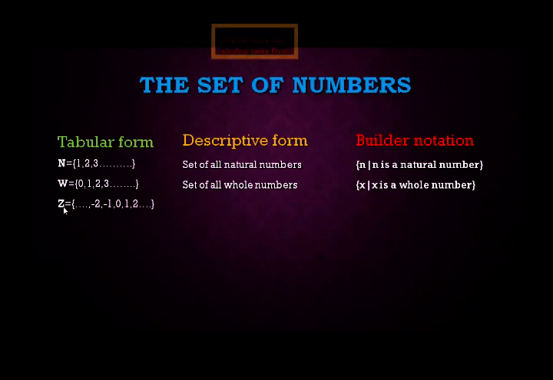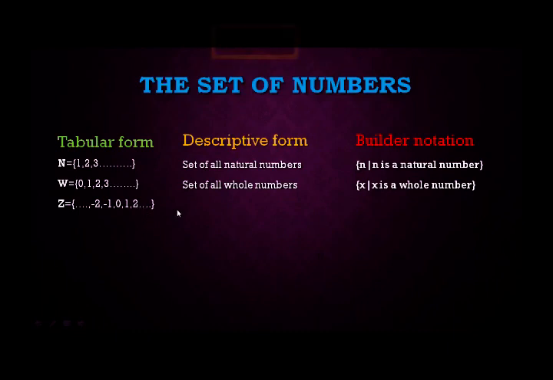Z represents integers. Z is the symbol of integers. We have two types of integers, as you already know: positive integers and negative integers. So -2, -1 are negative integers, and 0, 1, 2, 3, 4 are positive integers.